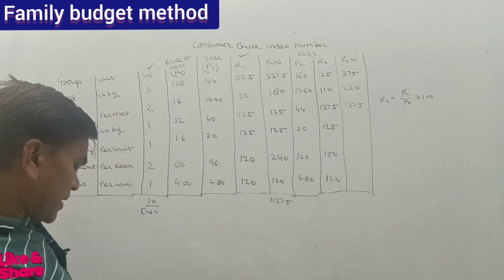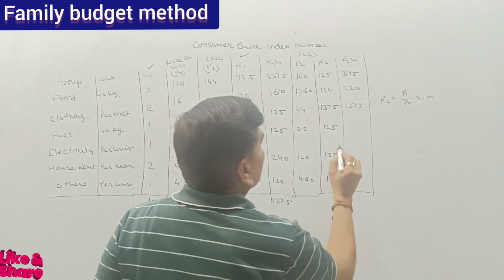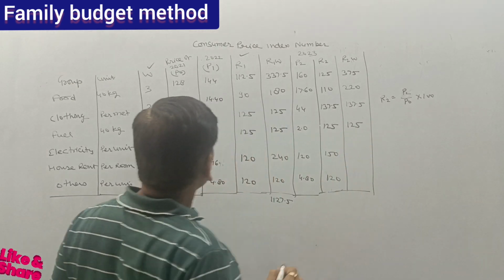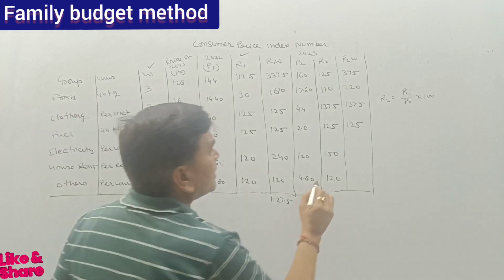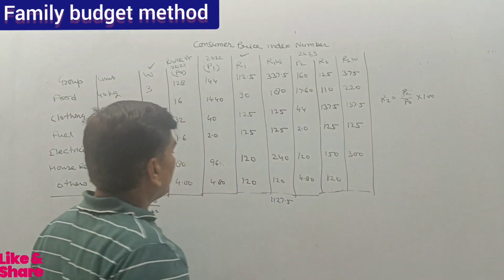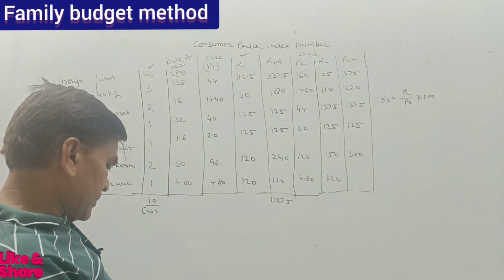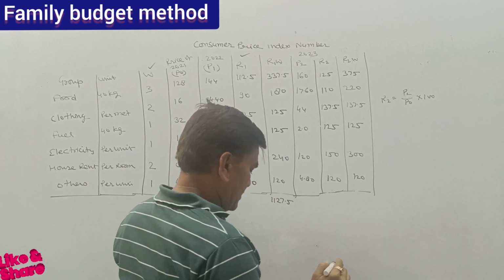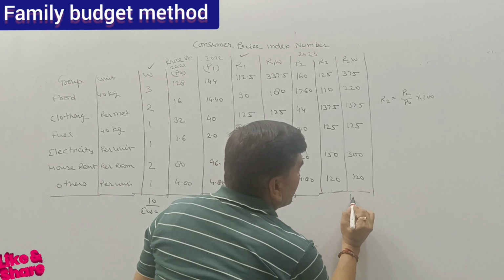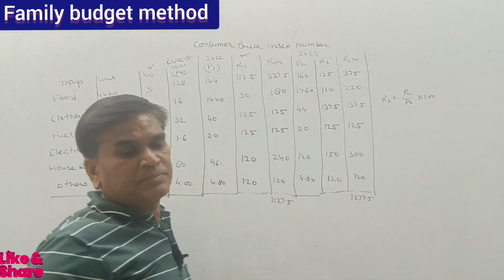Fourth one, 125 as it is. Fifth one, 150 multiplied by 2, 300. 120 multiplied by 1, 120. So the addition of this is 1277.5.